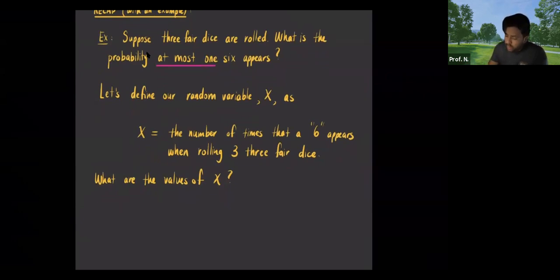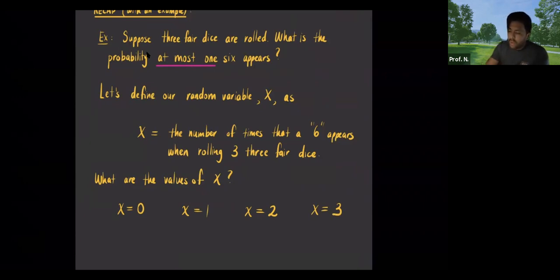Very good. So x can be 0, meaning that there are no 6s that appear. X can be 1, which means that there's one 6 that appears. X can be 2, meaning 2 out of the 3 fair dice have a 6. And then x can finally be 3. So these are the different values or scenarios that we have when we talk about rolling 3 fair dice and seeing whether a 6 appears or not.